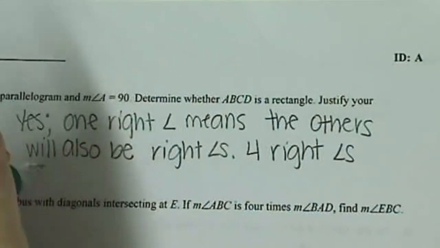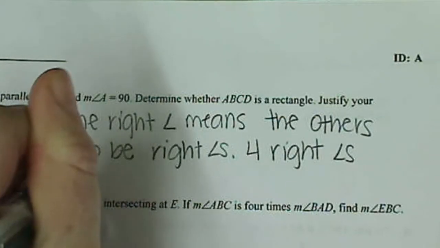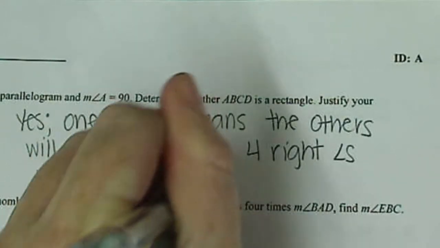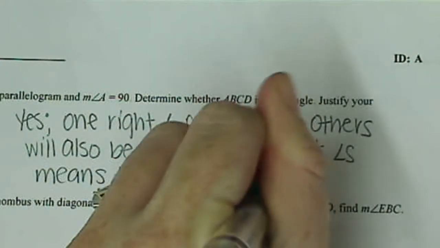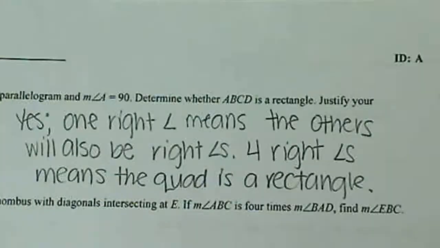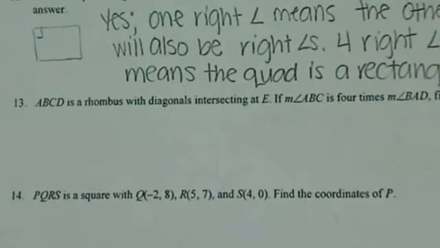Four right angles means the quad is a rectangle. You do not have to have that exact definition, but as long as it's close, it will work. Okay, 13.